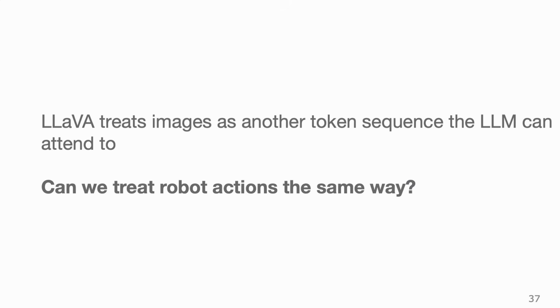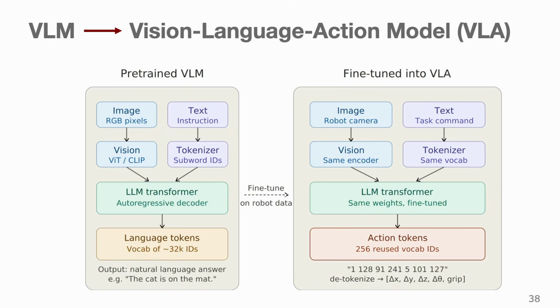And so the key question people ask is, well, can we treat robot actions the same way as LLaVA treats the image tokens when adding them into the LLM, right? And that's basically how the first VLMs got fine-tuned into VLAs, right?